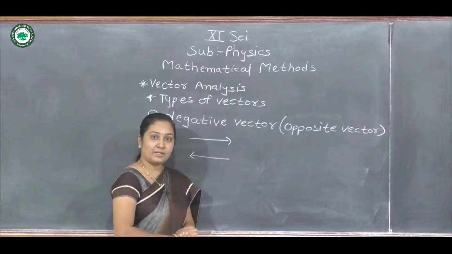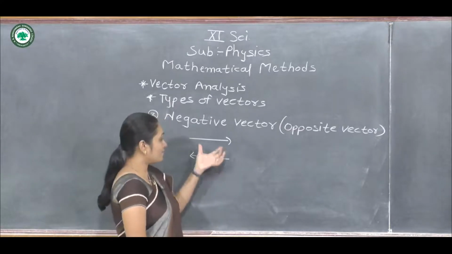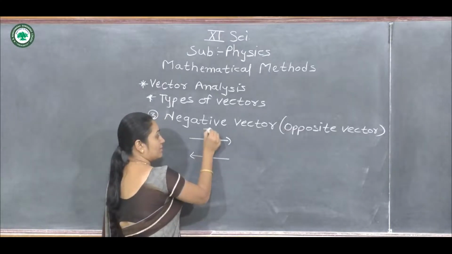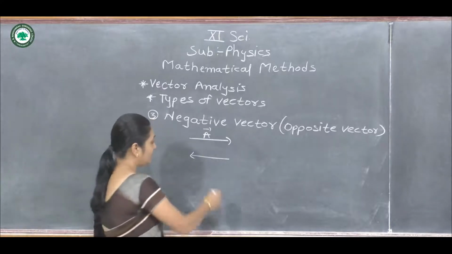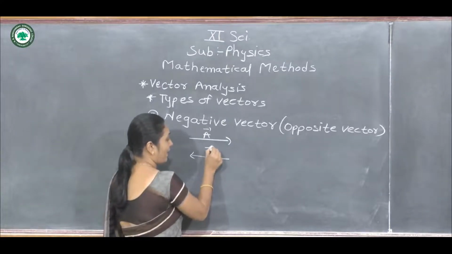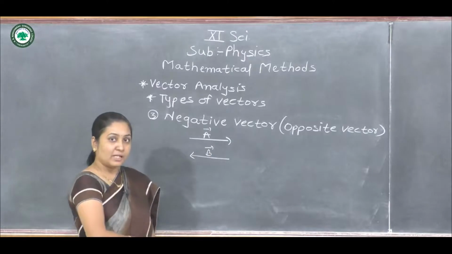So for negative vectors, suppose the first vector is A bar, then the second vector is denoted by B bar.